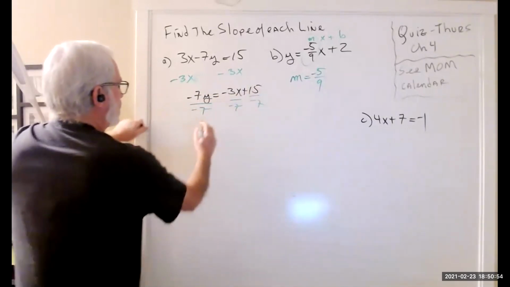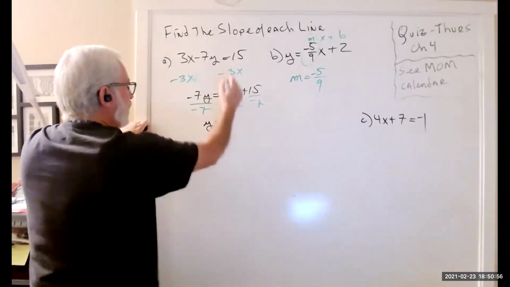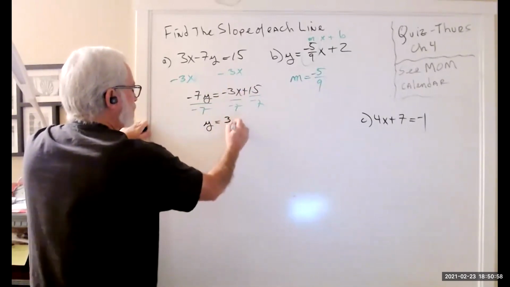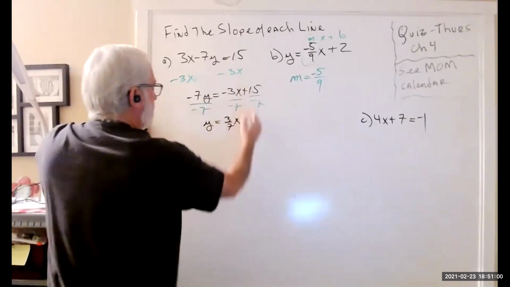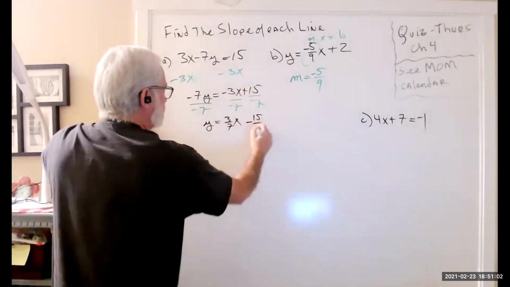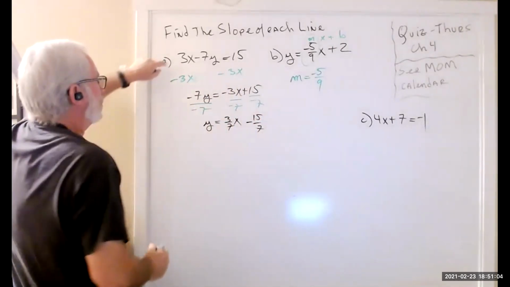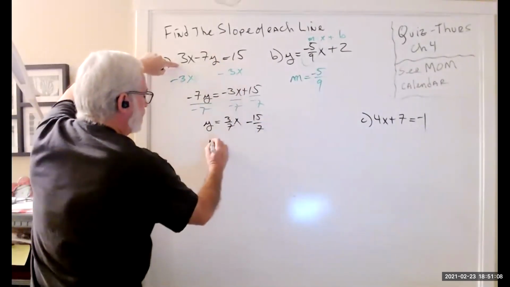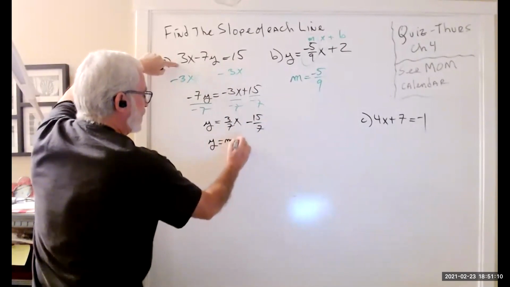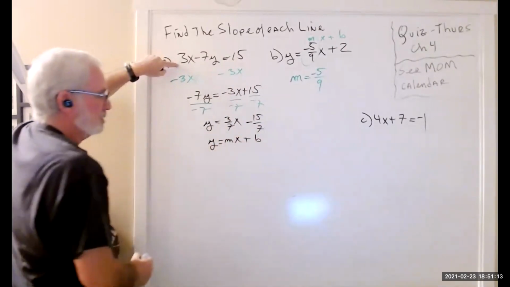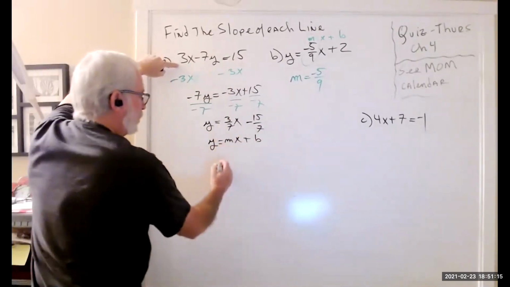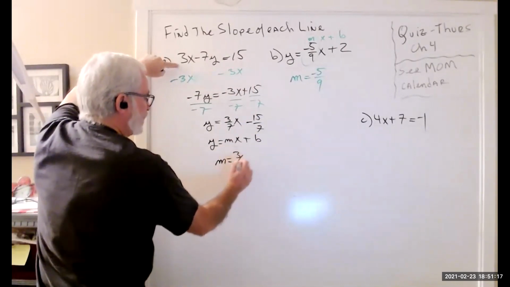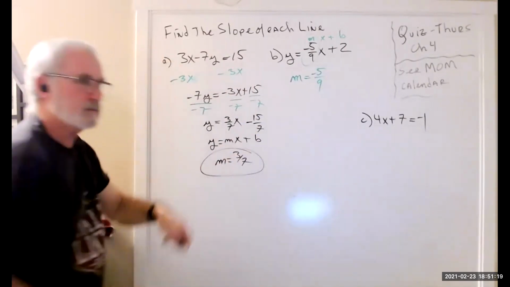So you get y equals, the negatives cancel, 3/7 x minus 15/7. You just use your basic algebra skills to rewrite this problem. Since this is y equals mx plus b, we know that the slope is 3/7, and that's it.